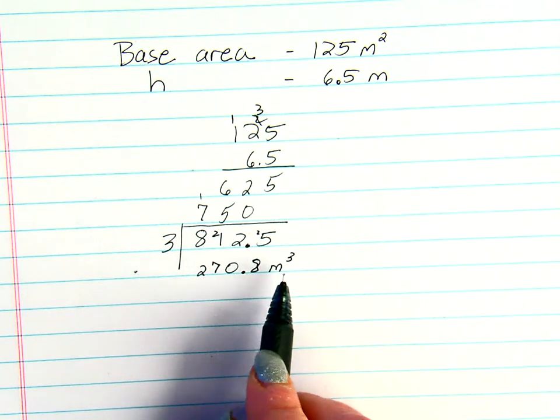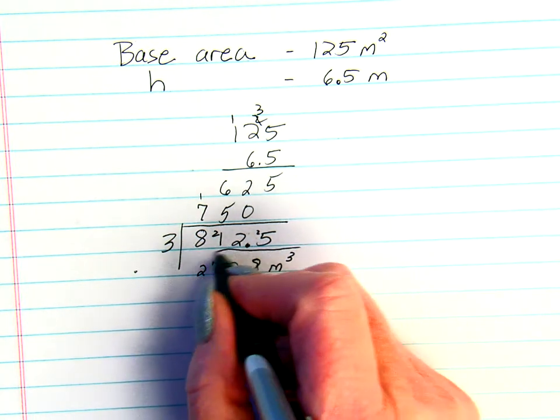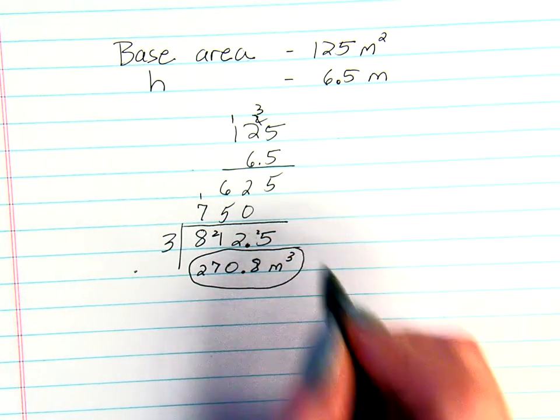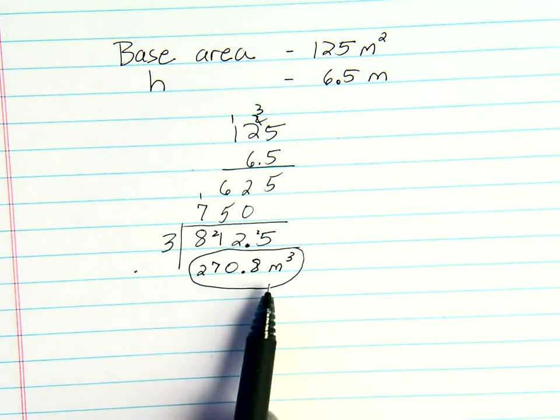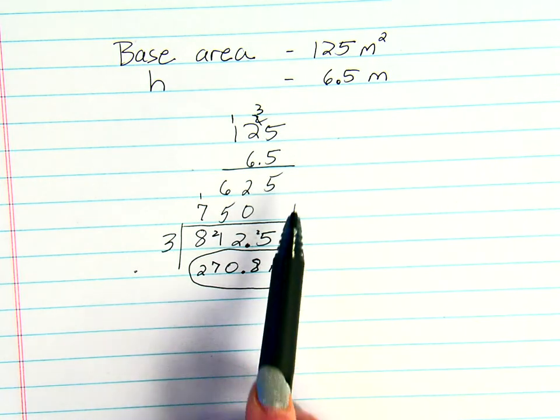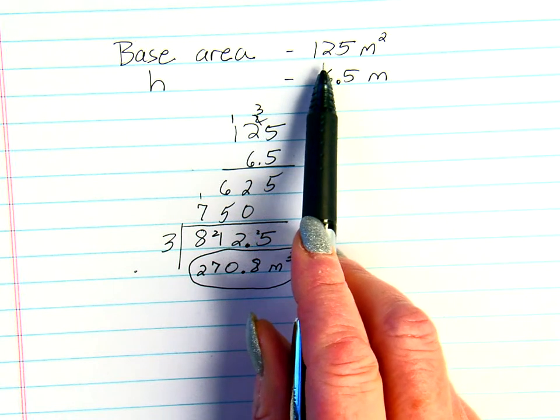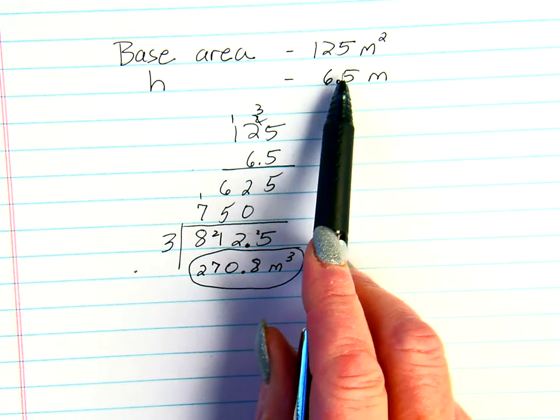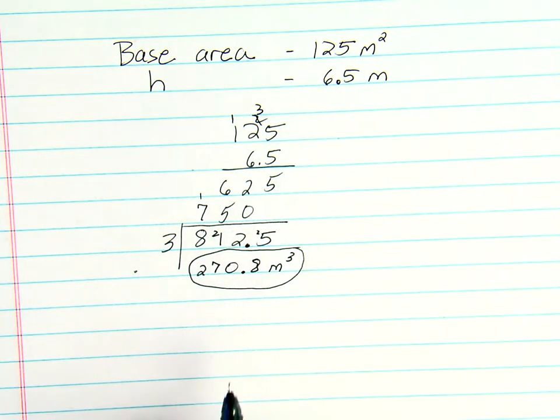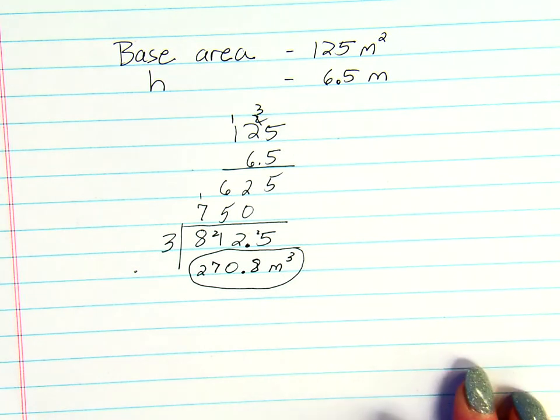Remember that our volume is always in a cubed unit. So this is our actual volume of a pyramid with a base area of 125 meters squared and a height of 6.5. So that is how this works.